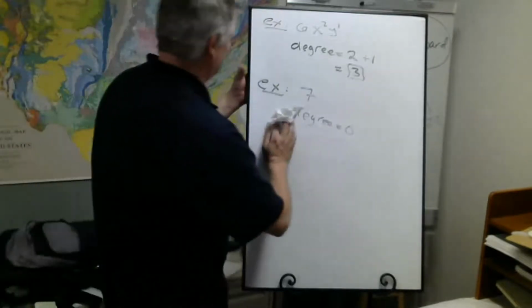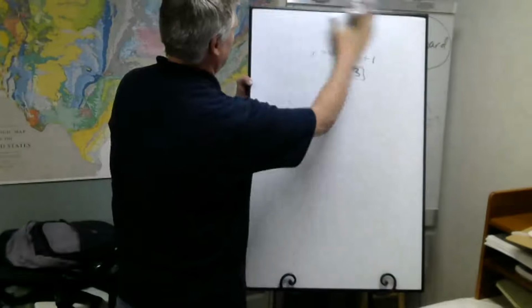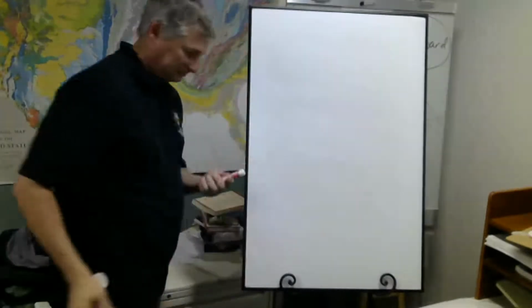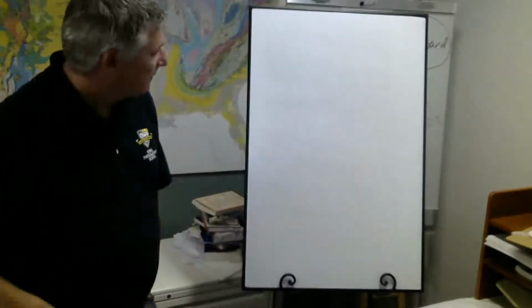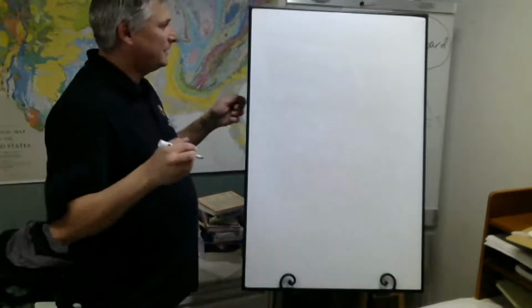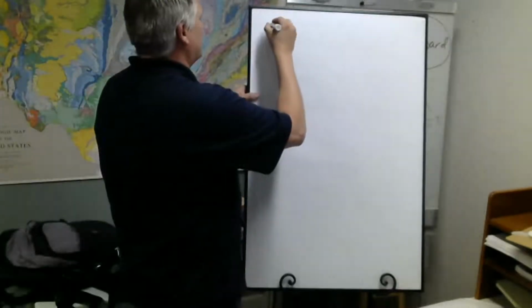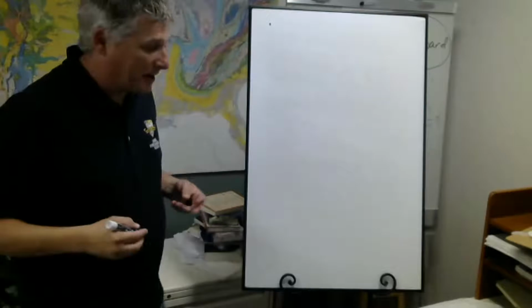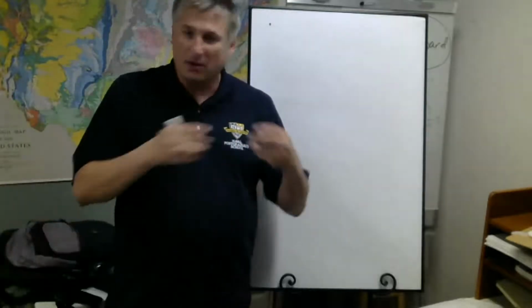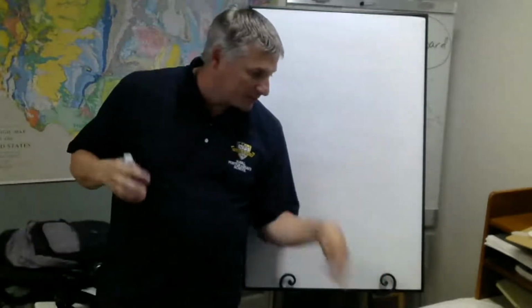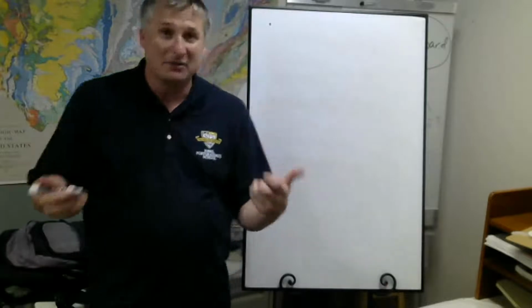So let's say there's a term. Of all the terms in a polynomial, there's going to be a term with the highest degree.